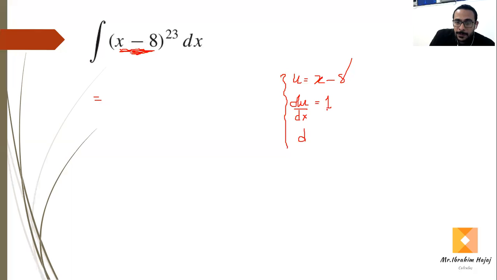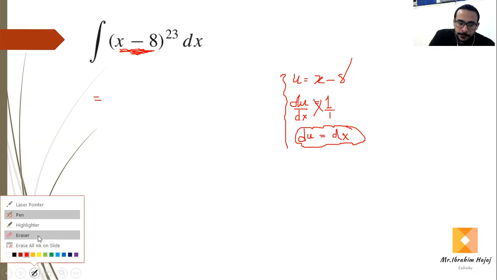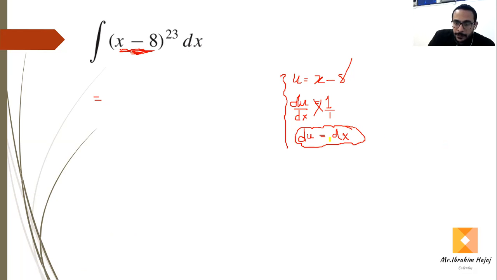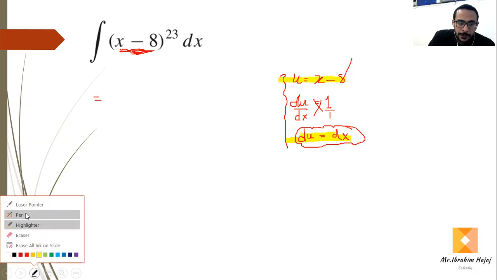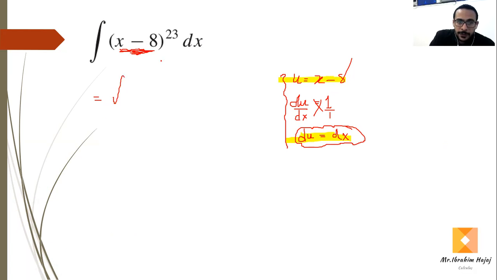So multiplying both sides, or cross multiplication, you have du equals dx. Okay, du here equals dx and this is u. Okay. Yeah, substitute, Rafi, here in the question. x minus 8 we let it be u to the power of 23 and replace the dx by du.